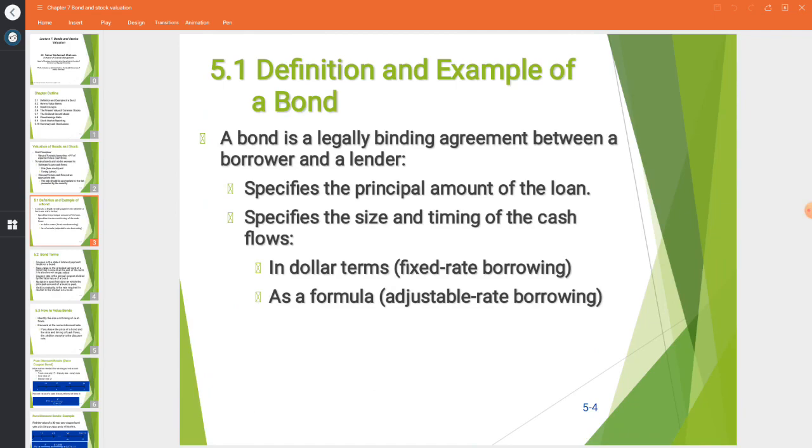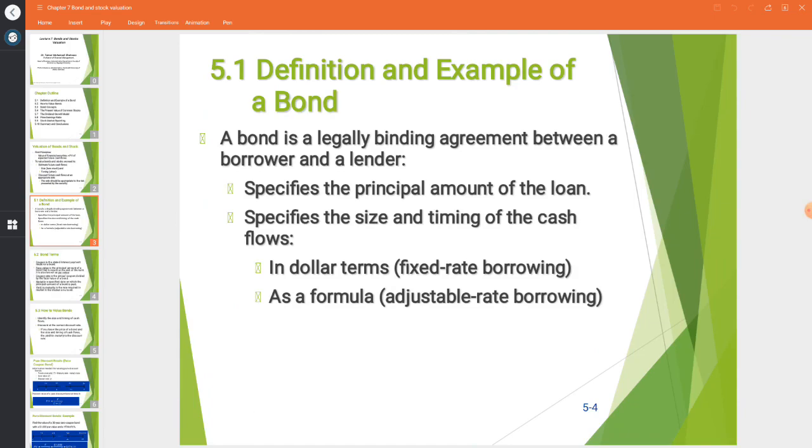To explain how we could evaluate a specific bond, we need to explain the meaning of bond. A bond can be defined as a legally binding agreement between a borrower and a lender.